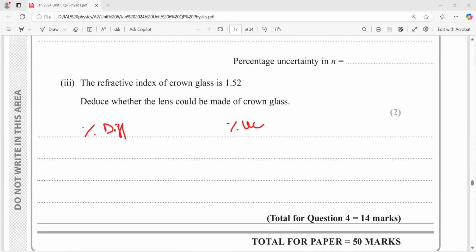How to calculate a percentage difference? We got the value 1.63. Percentage difference is the maximum minus minimum divided by, because we know the standard value, in this case we'll divide by the standard value. So standard is 1.52 into 100. What is the answer?